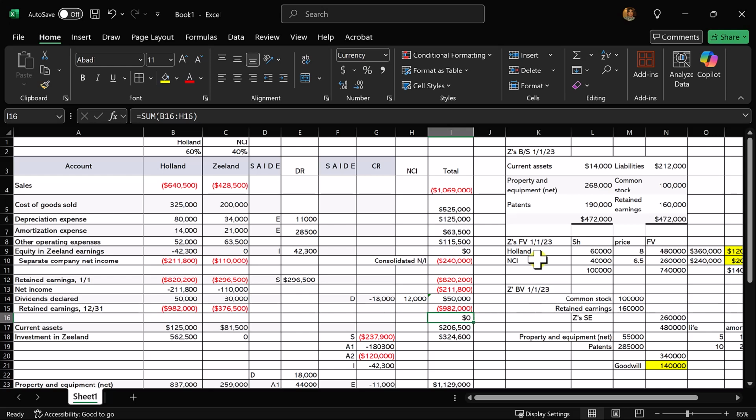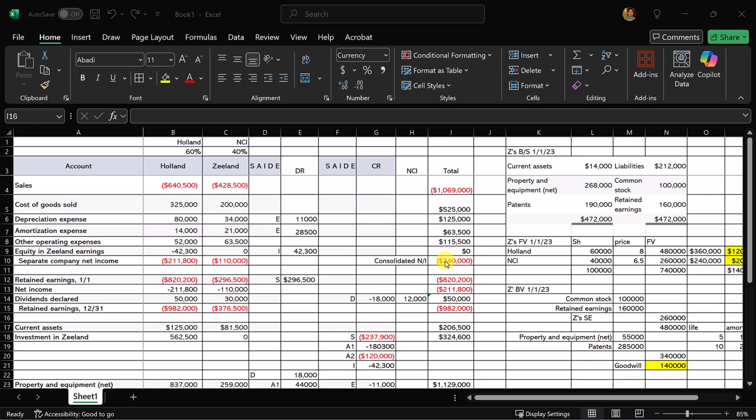Okay, let me get rid of this blank. Well, before I move on to the balance sheet accounts, I need to reconcile this net income here. Even though I know this number here is going to match this, this is the consolidated net income.